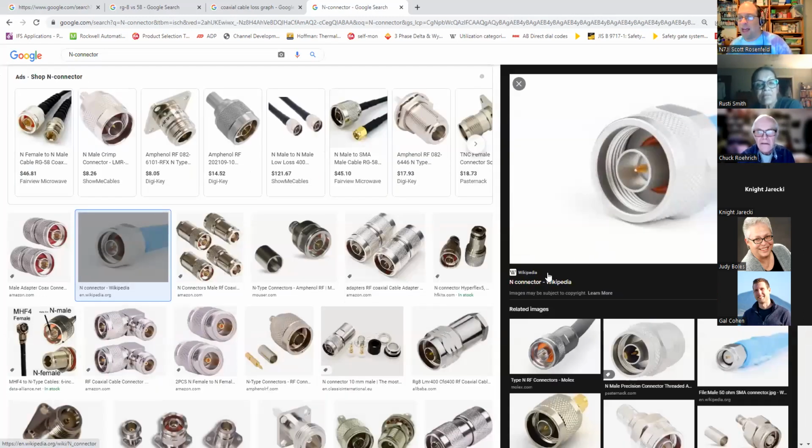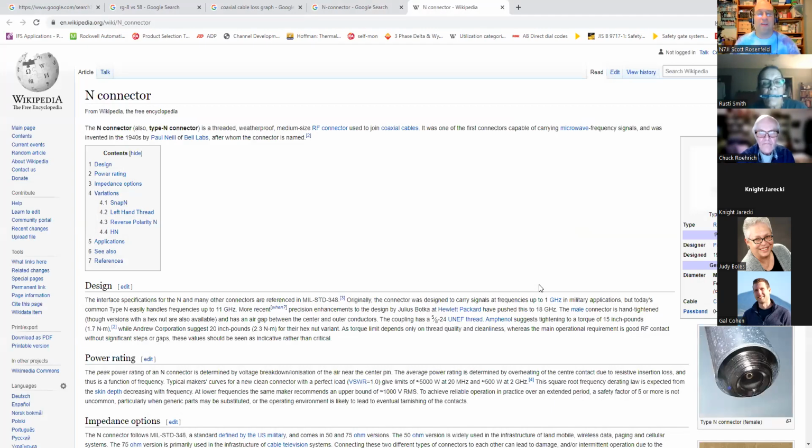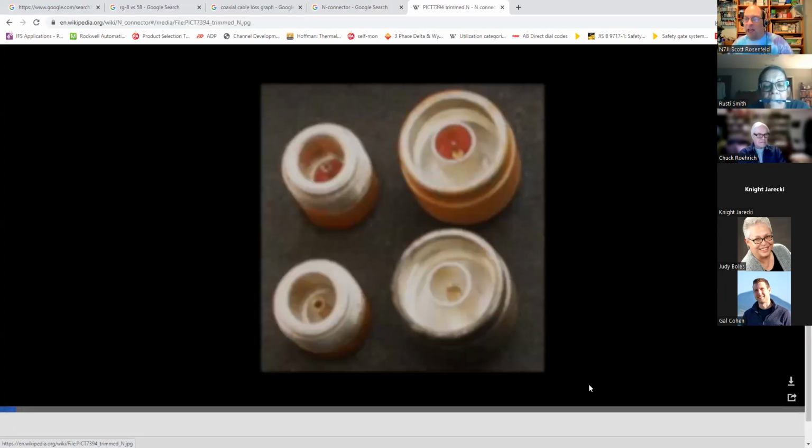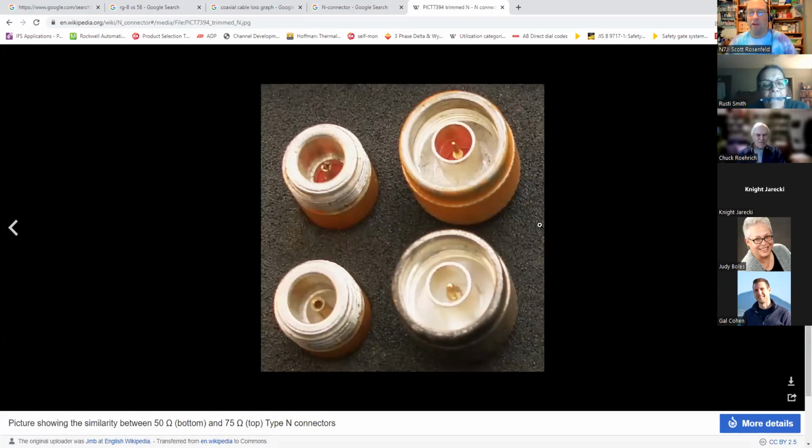Notice it's got a rubber gasket, so it's actually waterproof, and that's really helpful. There's a close-up view of N connectors. N connectors are great to even 400 megahertz, even up to the gigahertz range. Microwaves. N connectors are great.